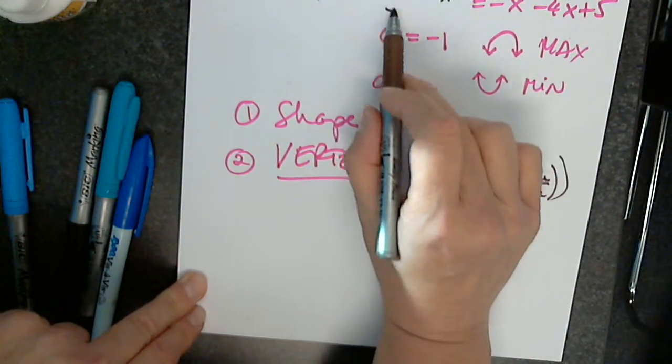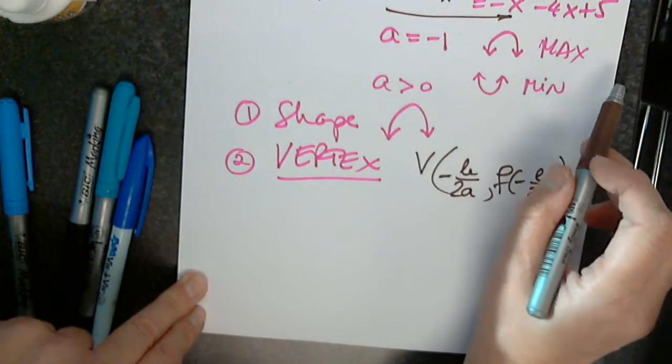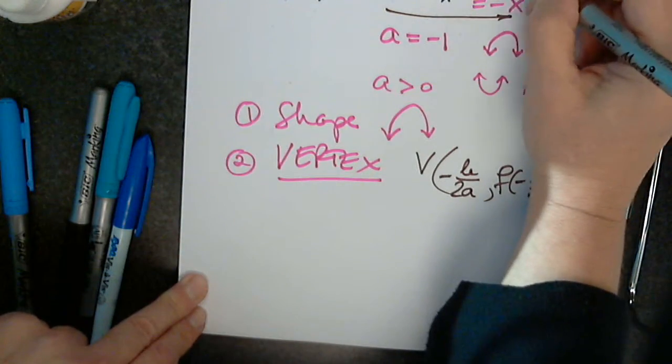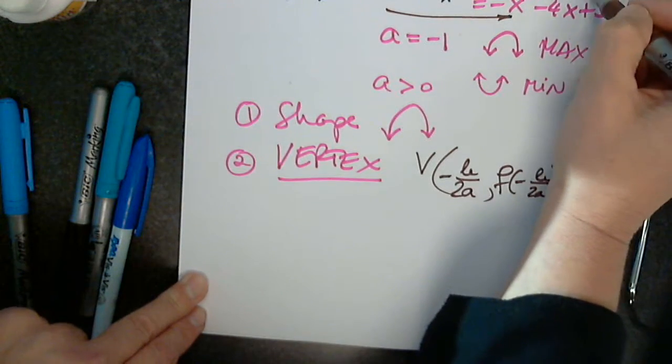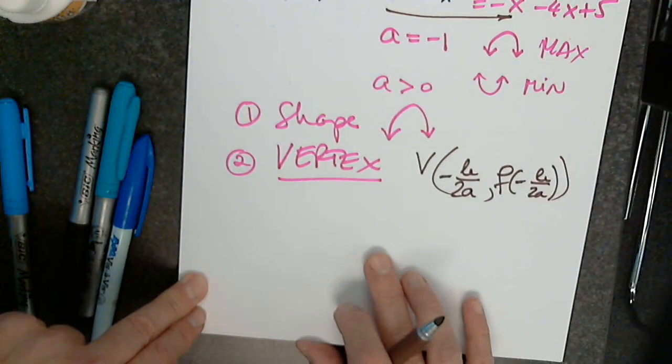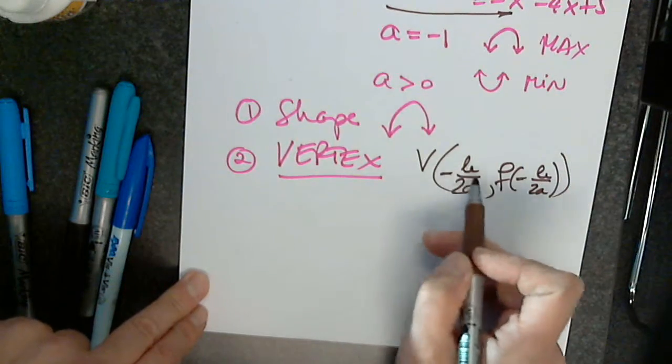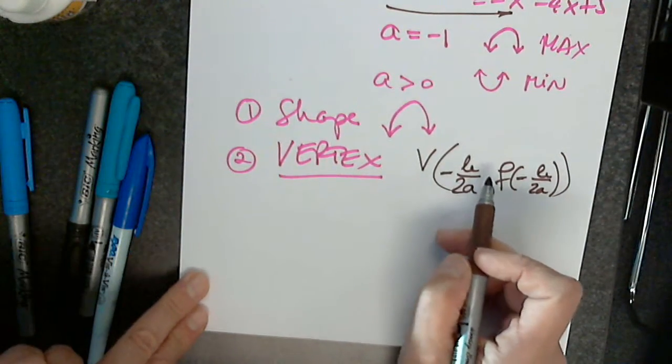So that's one of the reasons why I have to present it in descending order, so I can correctly identify a to be negative 1, b to be negative 4, and c to be 5, because I need to use them to determine the x coordinate of the vertex.